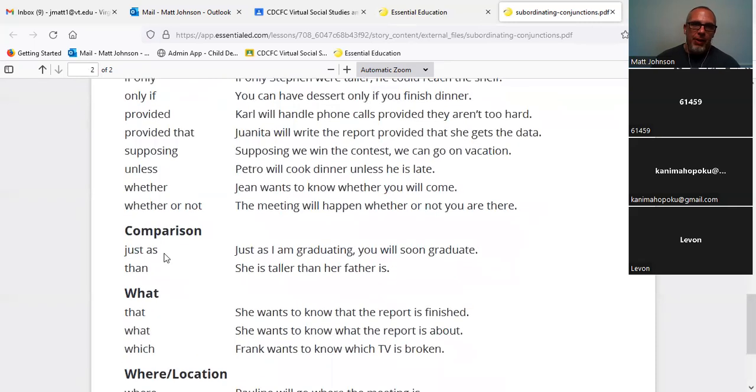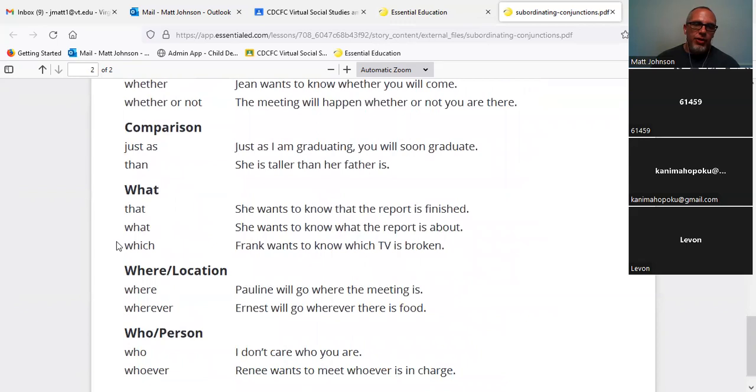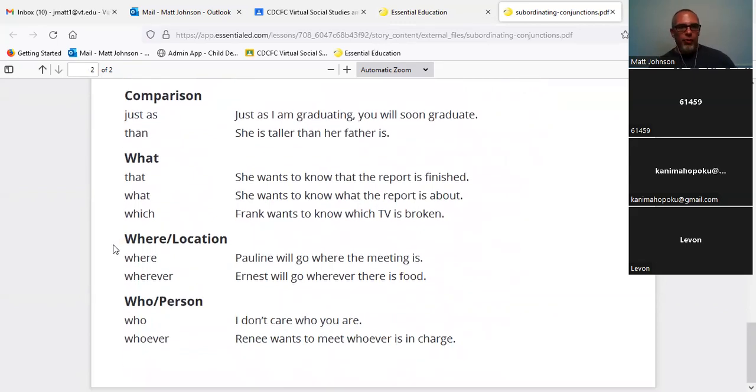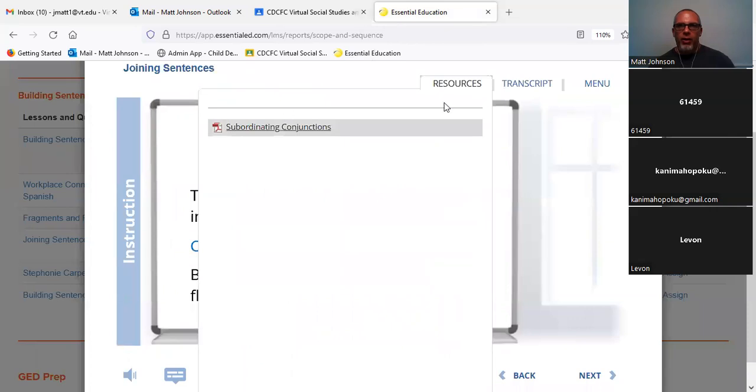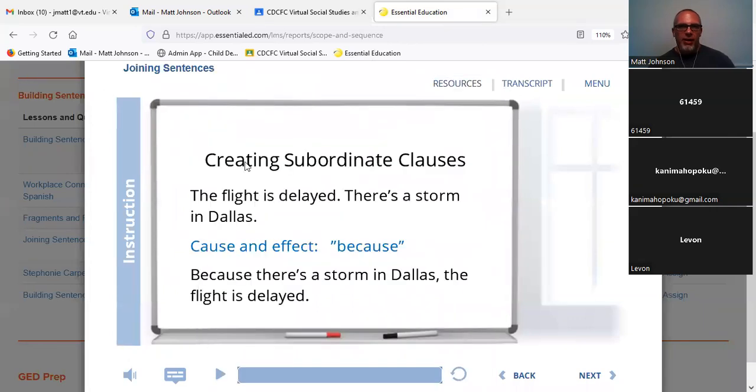But typically they show some type of relationship, and your punctuation comes into play depending on where they're located. Like she said here, you have to understand the relationship between the two. So the flight is delayed.